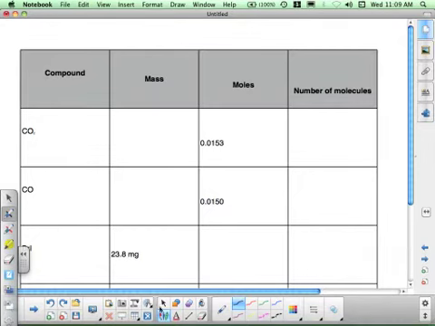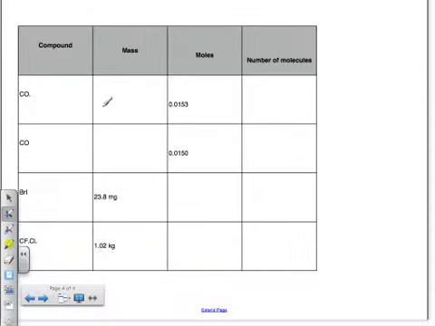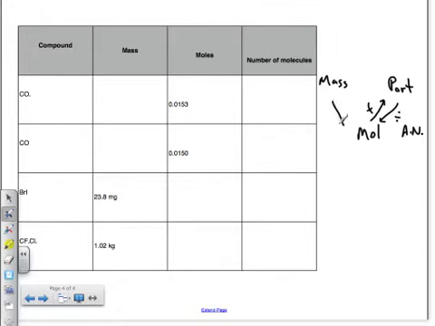Sweet. Okay. All right, so we're going to do fill in the table. We have one piece of information, okay? Either moles or mass or number of molecules, and we have our chart: mass, mole, particles, Avogadro's number on the right, periodic table on the left.